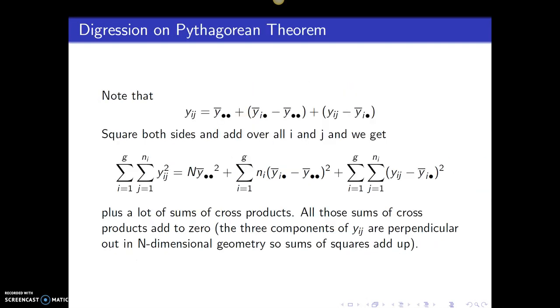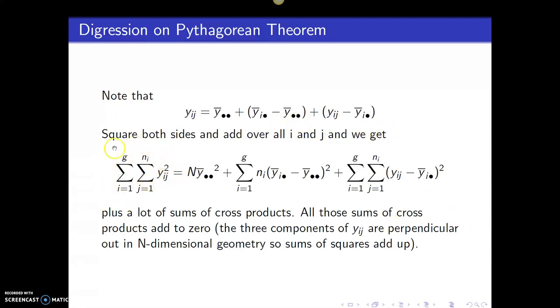Okay, so note that any single observation can be thought of as a linear combination of all of these different means that we've been talking about: the grand mean, plus the deviation of each treatment mean from the grand mean, plus the deviation of each observation from its treatment mean. And algebraically, that's really simple and works out. Hence, we can square both sides of this equality, and add it over all i and j, and we get the following. So notice what these are.